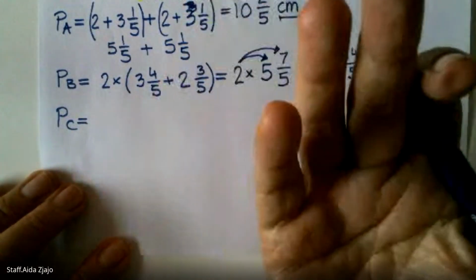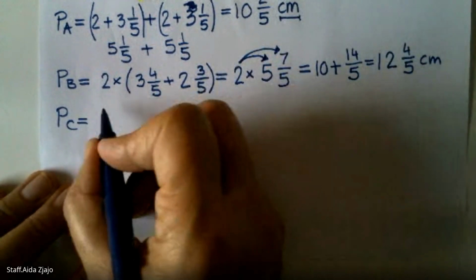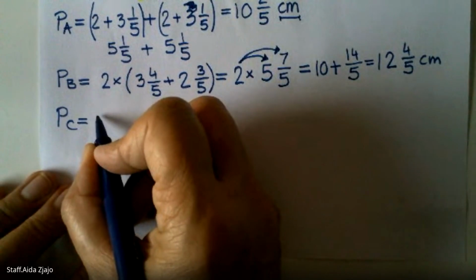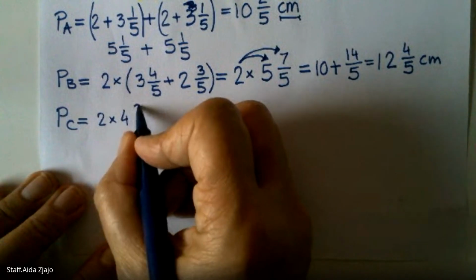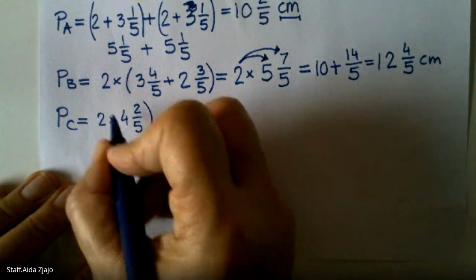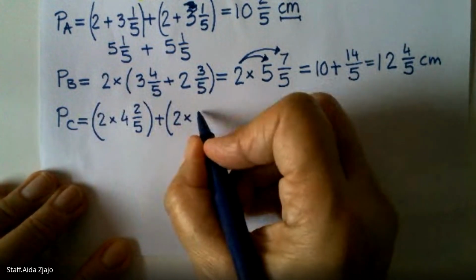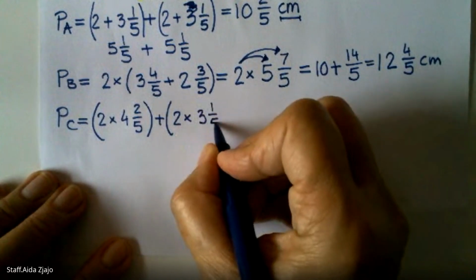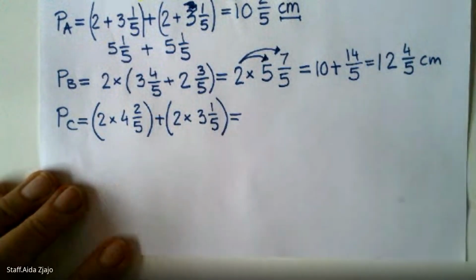I just need to add all the sides around, that's all. If I use the next measurement, it would be 2 times 4 2/5 plus 2 times 3 1/5. Okay, this is a different approach.